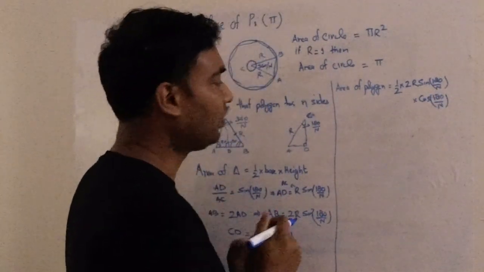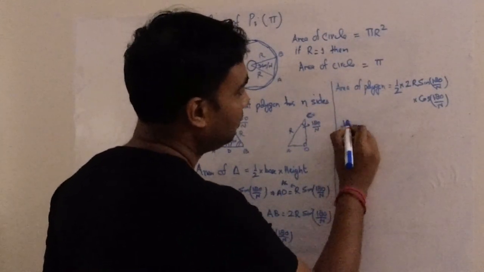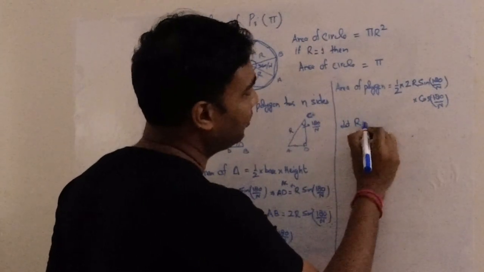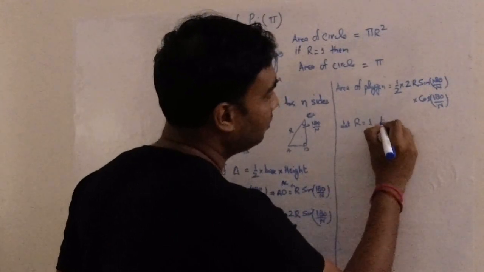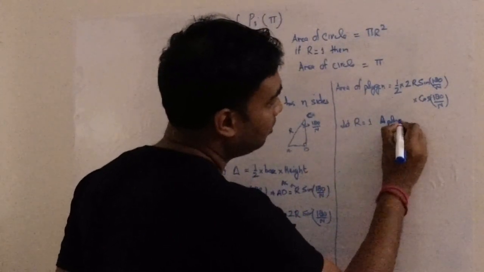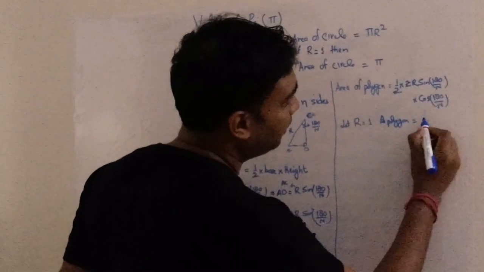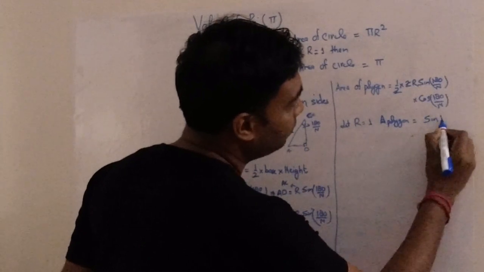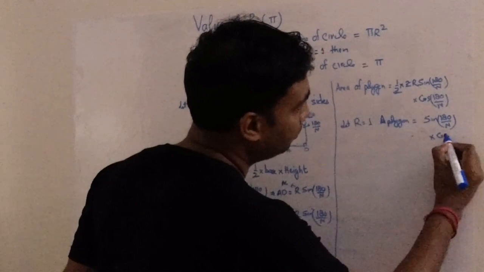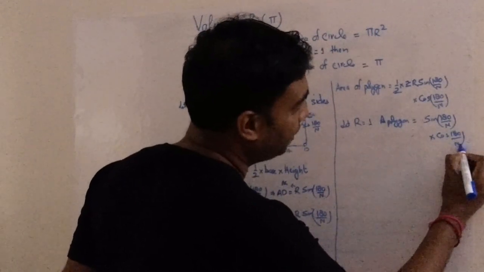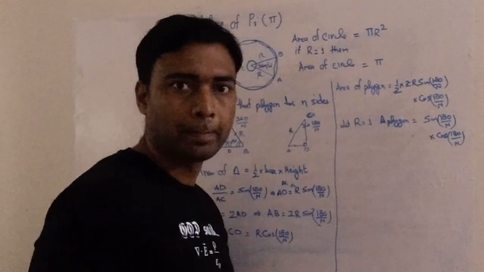Okay, now let us substitute R is equal to 1. So area of polygon will be, this will get subtracted and this will be reduced to sine 180 over n into cos of 180 over n.